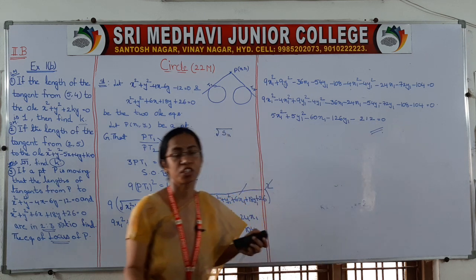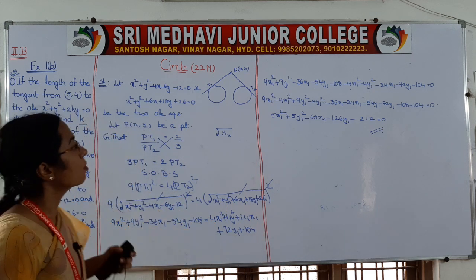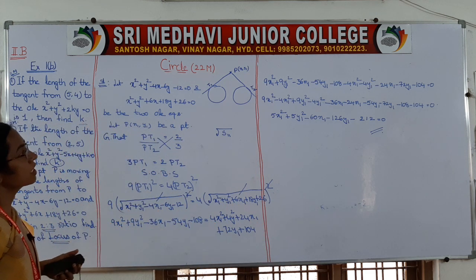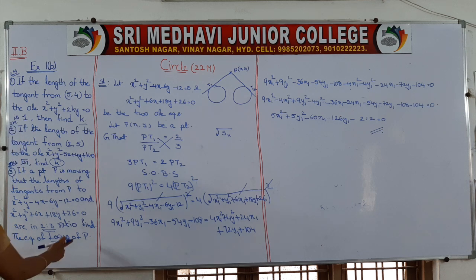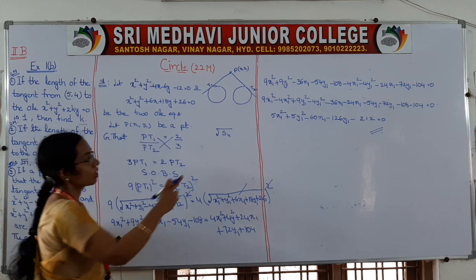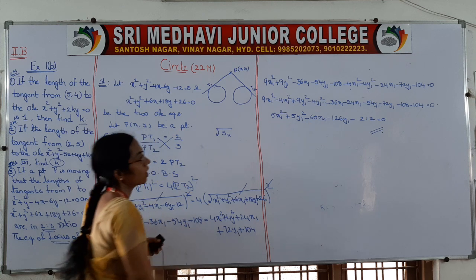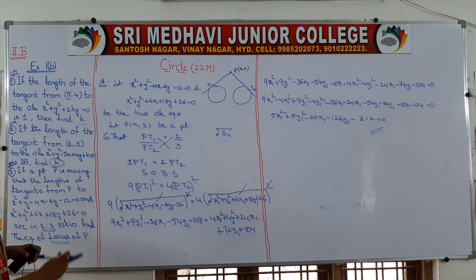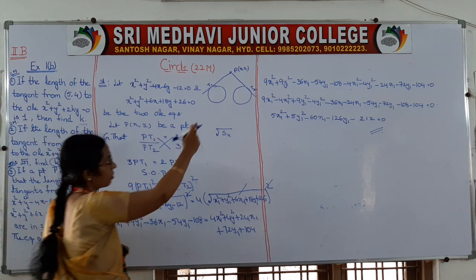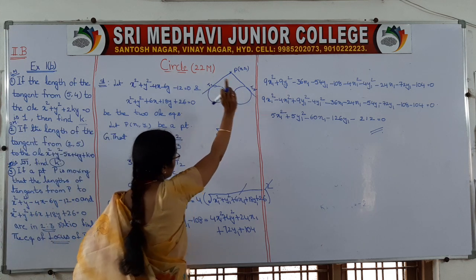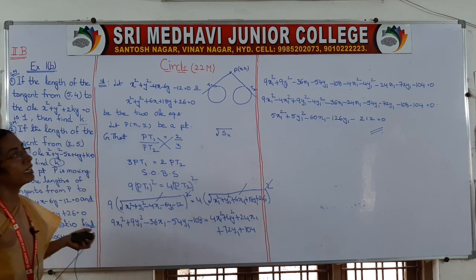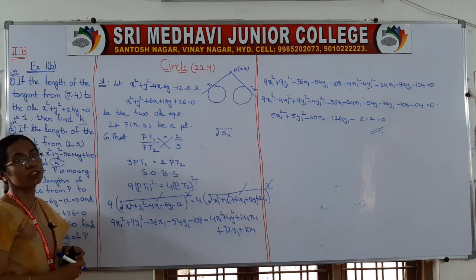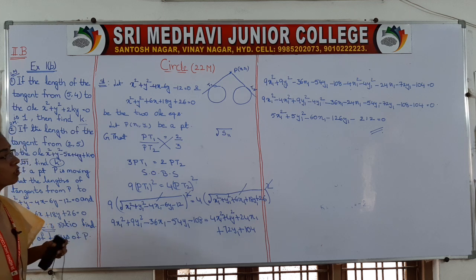This is the equation of the locus of the point P. Actually the question is to find the equation of the locus of P. The point P is (x1, y1). So any equation in terms of x1, y1 is called its locus, right? So how will we find it? Just take the point and draw the tangents to the circles. The ratio of the lengths of the tangents is 2:3.